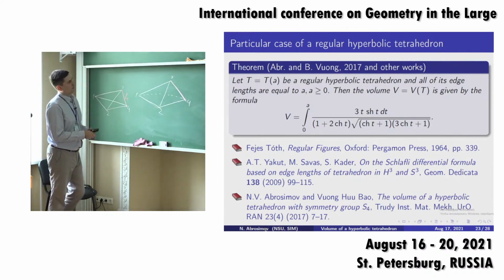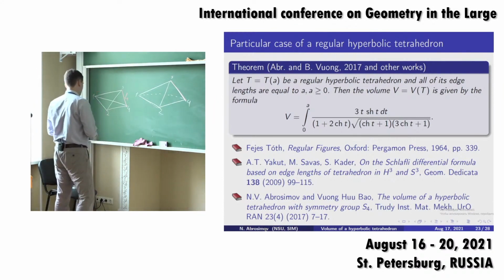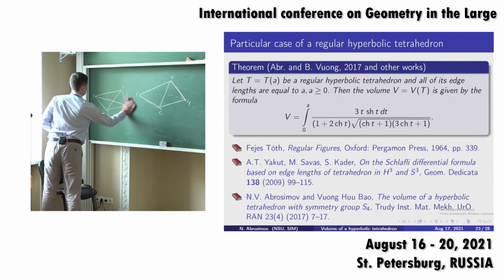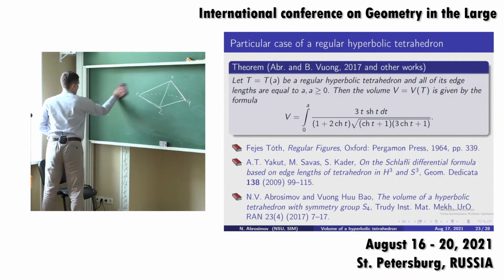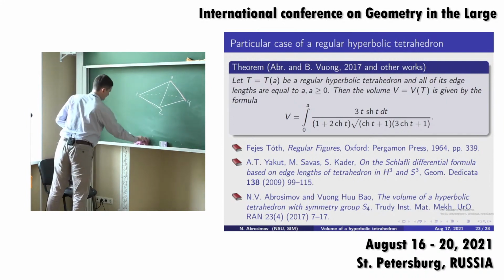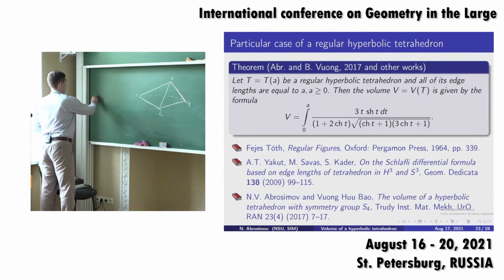In the case when all the edges are equal to each other, of course we have here just a regular triangle with sides equal to A, right?